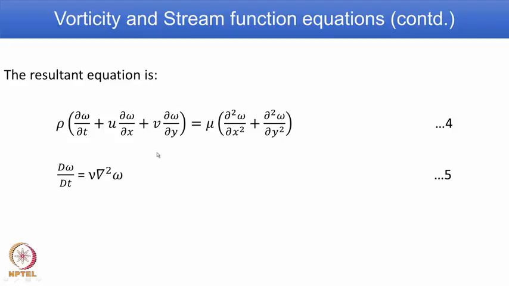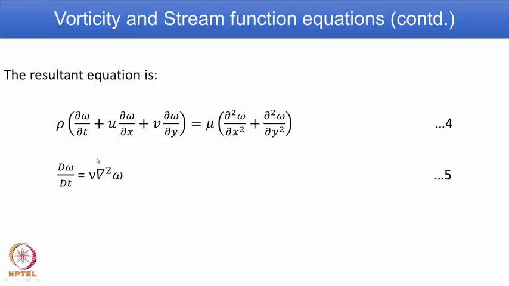the way the equation looks is all similar. We had a similar format for the u momentum equation, except that the variable is now vorticity omega. Otherwise, you are again able to recognize this is a local term and these two are convective terms, and if you put them together you get the total derivative expressed in terms of omega.